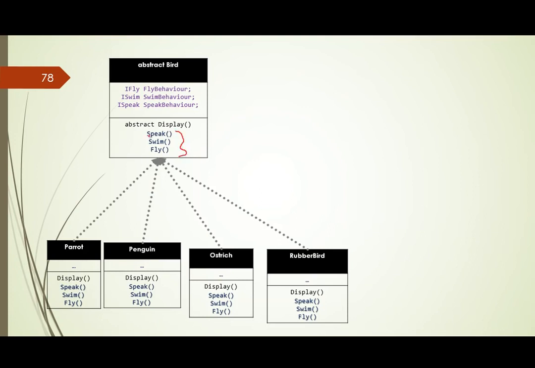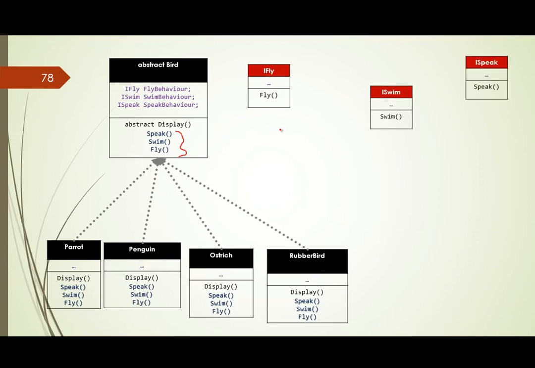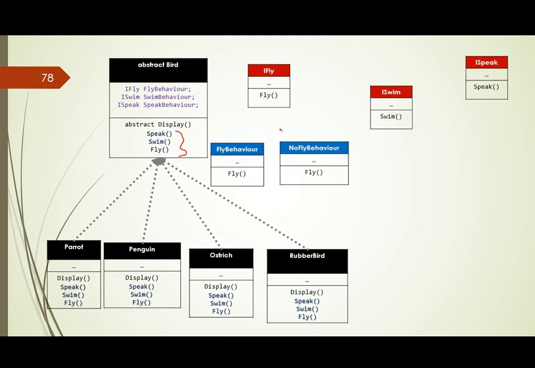If you have a real-world application, you would have the relevant methods for that application, and we have an abstract method called display. So what we're going to do is make the interfaces again, but this time, rather than just having the interfaces, we are going to implement classes from this interface.